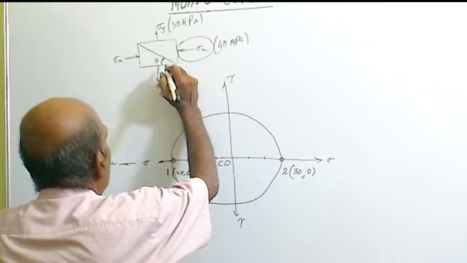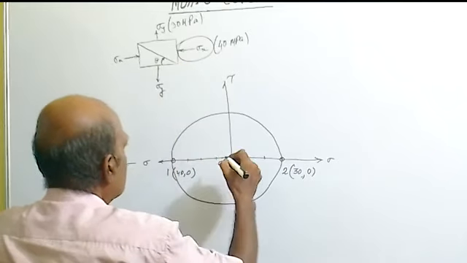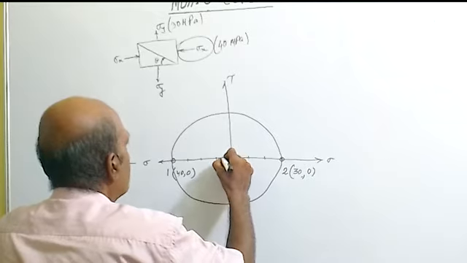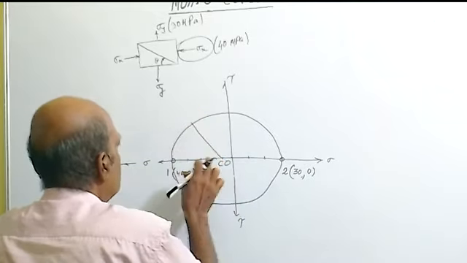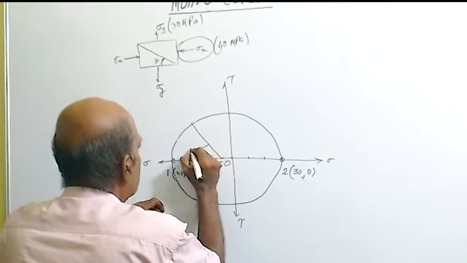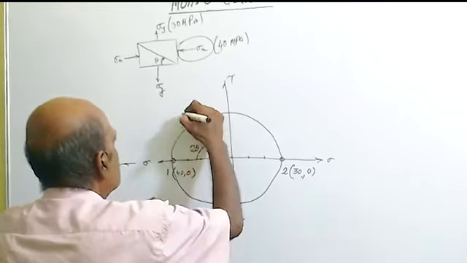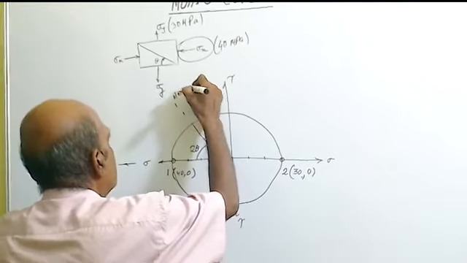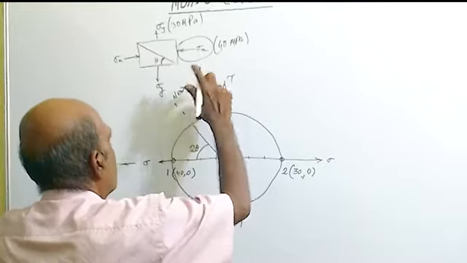Here it is clockwise by theta in the actual body, so here we will rotate this by 2 theta angle. If we rotate it by 2 theta, we will get the new x direction.